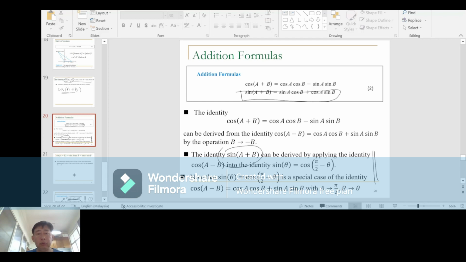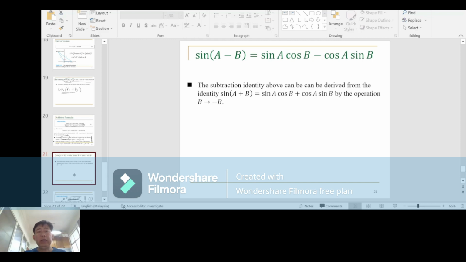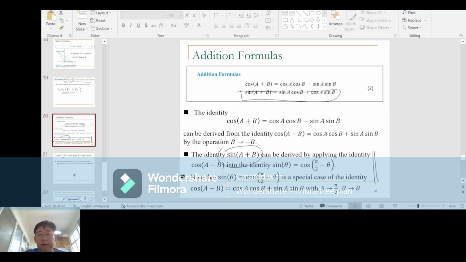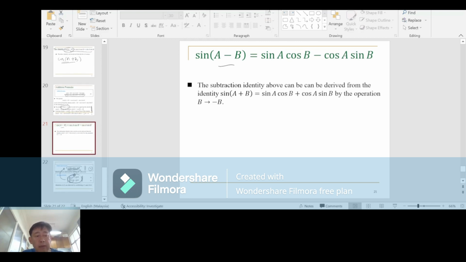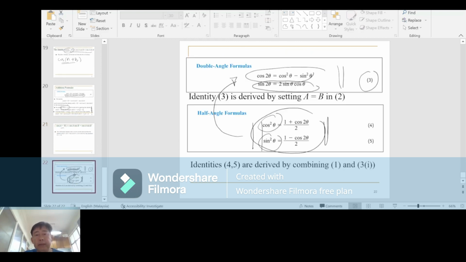I asked you to try to derive this, but I do show you how to derive the identity that involves sine of A minus B. And this is obtained by deriving it from the identity of sine of A plus B. In other words, if you understand or remember sine of A plus B, you could then remember sine of A minus B. Then finally, we derive the identity of cos of 2 angle that is related to the square of the sine and cos of a single angle.